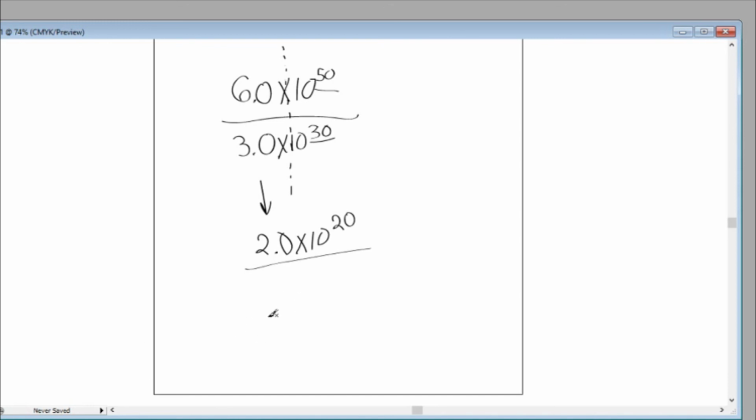But you will need a password to get onto this quiz, and that password is capital E, capital X, capital P. That is your password to get into the quiz. Okay?